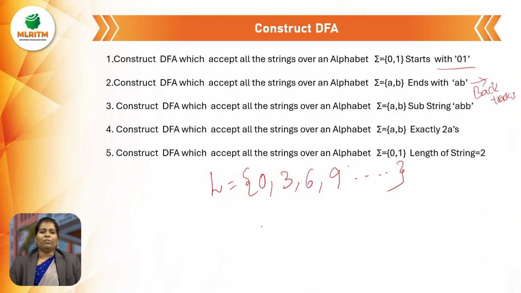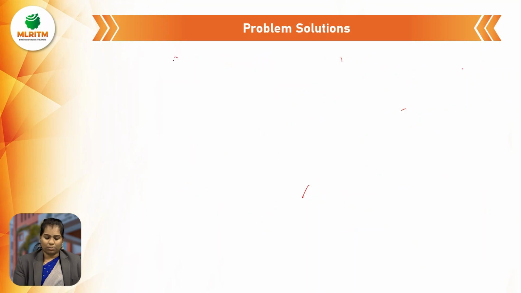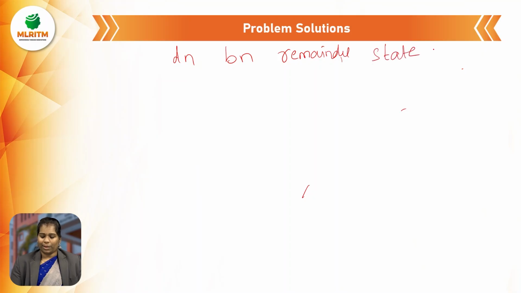Whenever we are doing divisibility, first we need to make a table. The table contains the decimal number, binary number, remainder and state. The binary number of decimal 0 is 000.